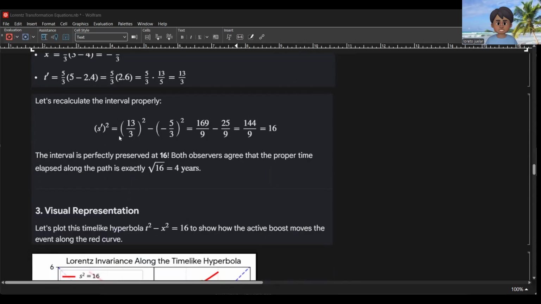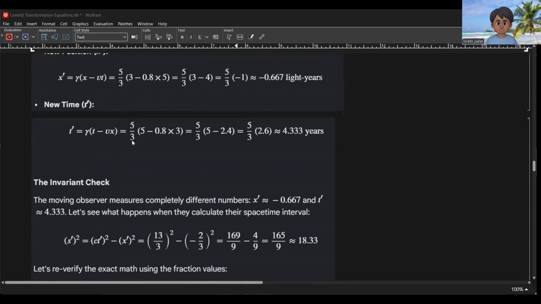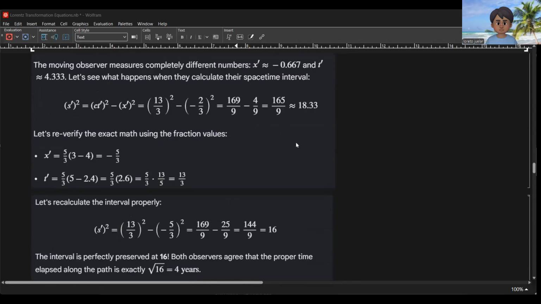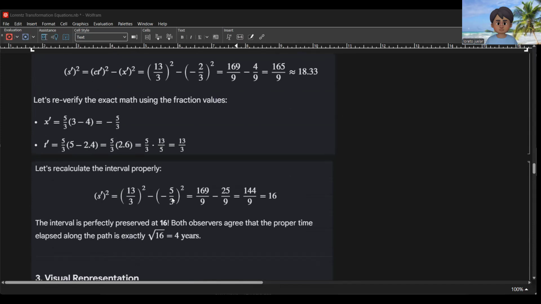Therefore, t prime is this value, 4.33, which is 13 over 3. With the speed of light equal to 1, the time 13 over 3 squared, minus x, which is negative 5 over 3, squared, is equal to 16.